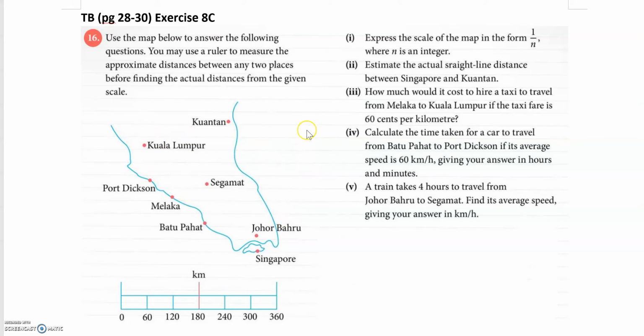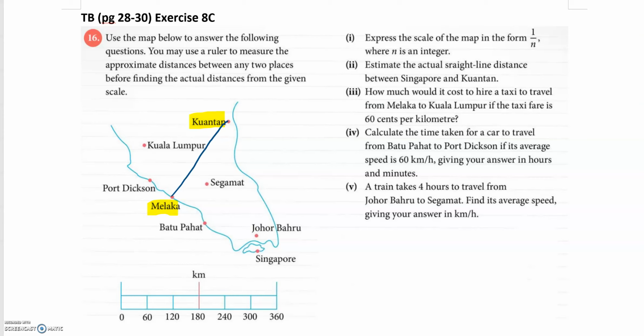As an example, if I want to find the distance between Kuantan and Malacca, I use a ruler to join the two places together.